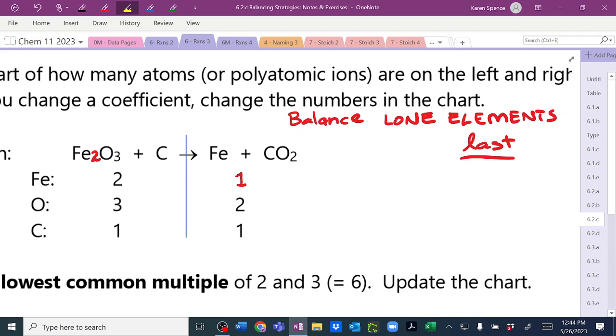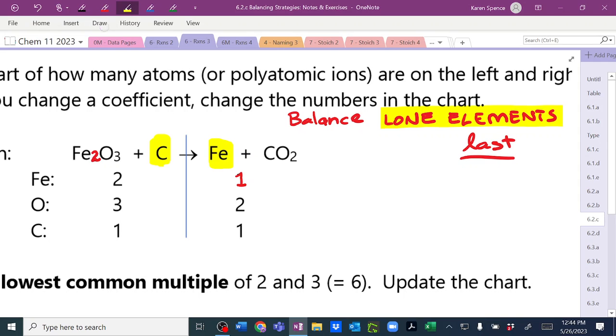What on earth is a lone element? It's an element that is not part of a compound. So who are our lone elements here? Carbon and iron. So we're going to balance those last, which means we should probably start with oxygen.